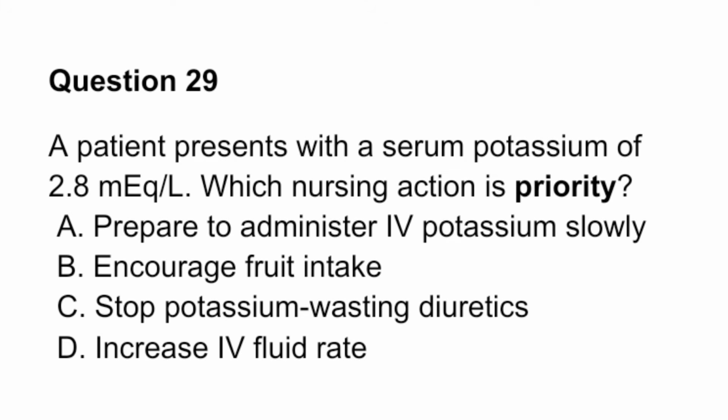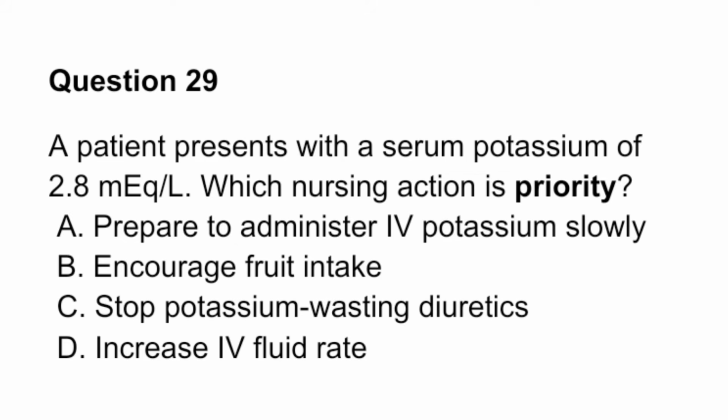Question 29. A patient presents with a serum potassium of 2.8 milliequivalents per liter. Which nursing action is priority? A. Prepare to administer IV potassium slowly. B. Encourage fruit intake. C. Stop potassium-wasting diuretics.